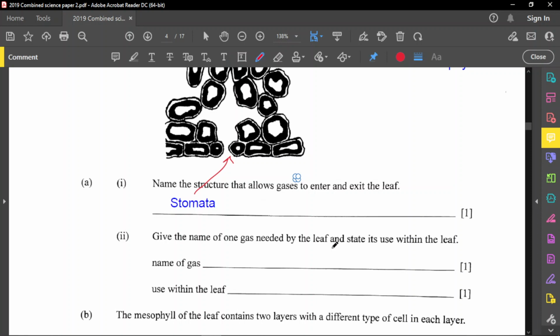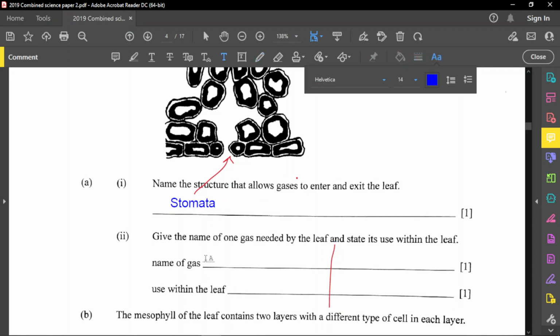I just want to show you how you could do this. So the first one I'm going to put is carbon dioxide, which is the most common one that most of you will remember, that plants need carbon dioxide. The other option you can have is oxygen, so plants also need oxygen.